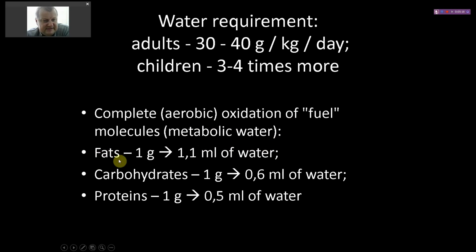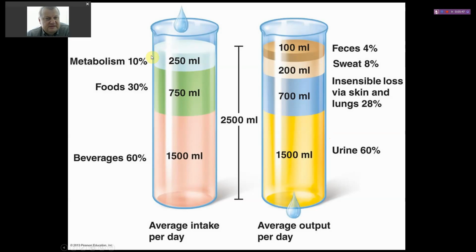For example, 1 gram of fats could provide, after full oxidation, 1.5 milliliters of water. Full oxidation of 1 gram of carbohydrates could provide 0.6 milliliters of water, and full oxidation of 1 gram of proteins provide approximately 0.5 milliliters of water, and this amount is approximately 250 milliliters, the metabolic water.